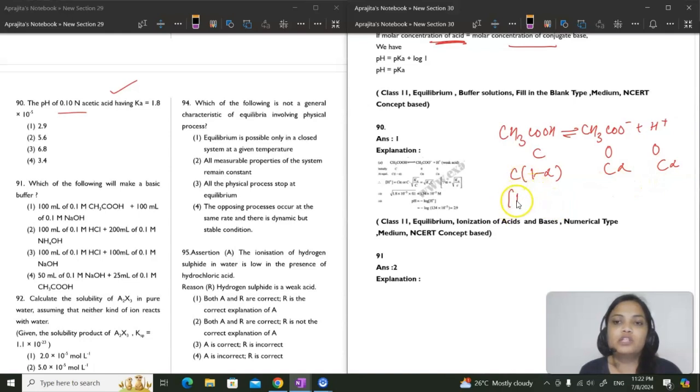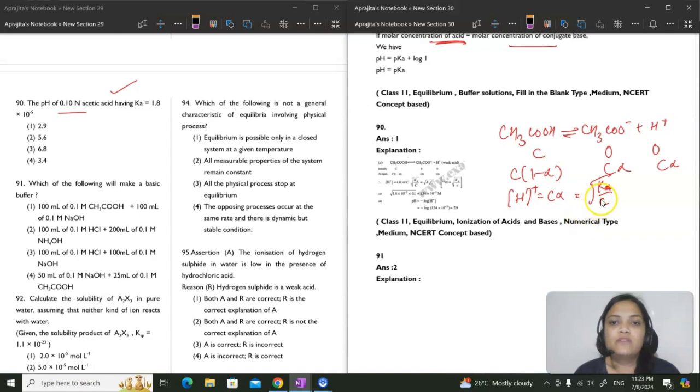So the concentration of H positive is C alpha here, or you can write it as under root of Ka into C.